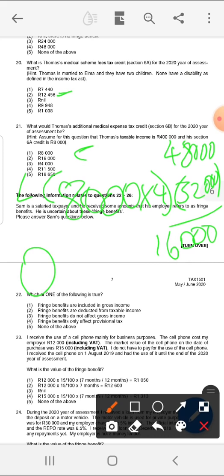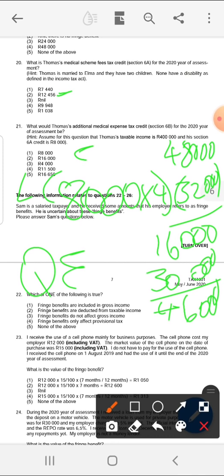Then we add the qualifying expense of 30,000. It was given in the information up there. Then it will give us 46,000. Then from this 46,000, you will say less 7.5% of the taxable income of 400,000. It will give you 30,000.